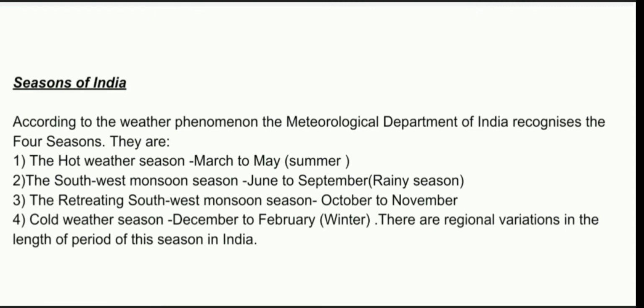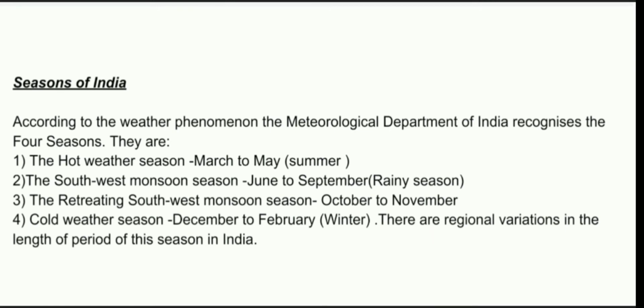Now discuss the seasons of India. According to weather phenomena, the Meteorological Department of India recognizes four seasons. They are: number 1, the hot weather season, that is March to May, summer. Number 2, the southwest monsoon season, June to September, rainy season.